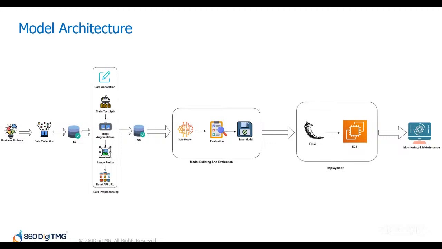Once you have split the data into this ratio, the next step is data augmentation. In data augmentation, basically we will increase the size of the data set for multiple conditions. You can add noise, saturation, brightness, hue, and you can rotate these images at multiple angles as per your interest.